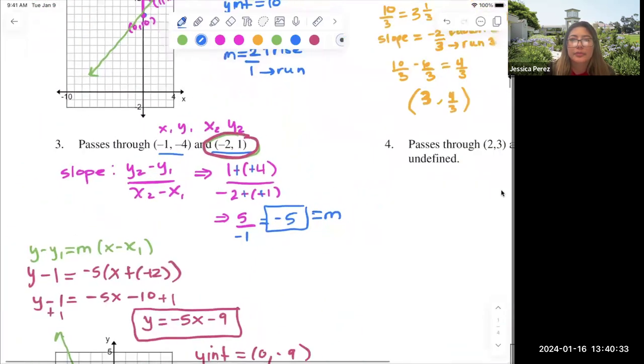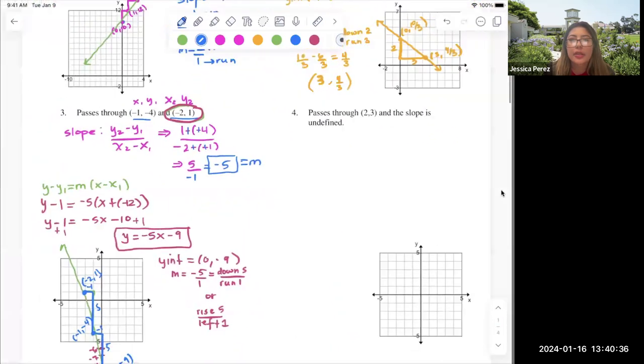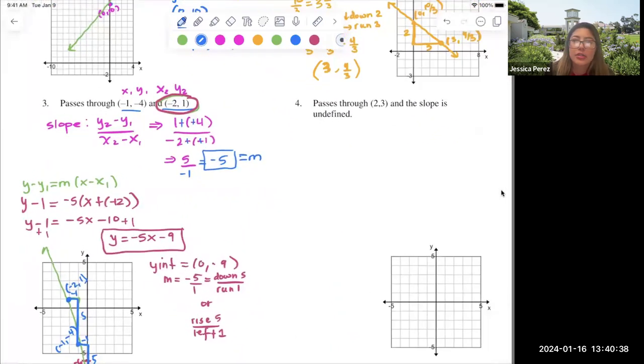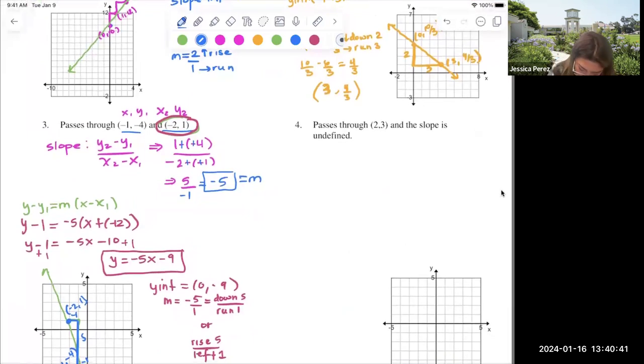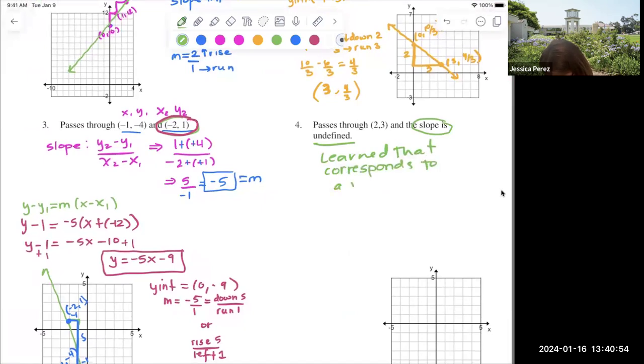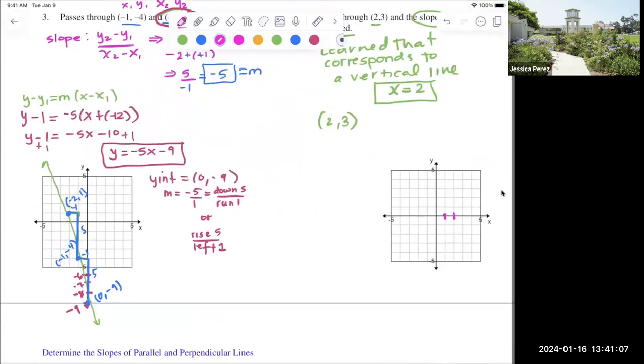So that's something new. And then here, the next one for my graphing is it passes through the point 2, 3, and the slope is undefined. If my slope is undefined, we've learned that corresponds to a vertical line, x equals, in this case, 2. How did I get 2? Because that corresponds to the point 2, 3. So I'm just going to go right here, 1, 2, put a point, and then there it is.